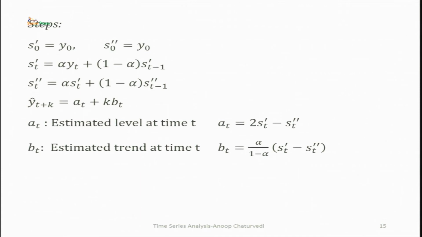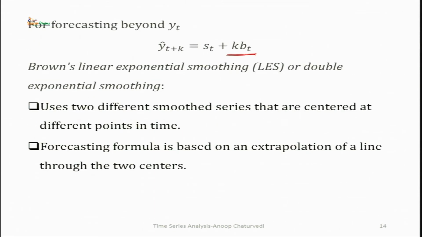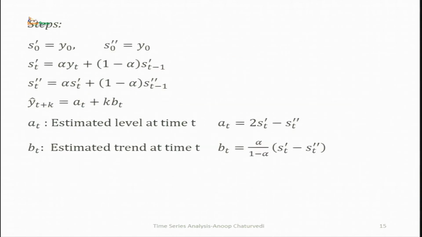Initially, you set S naught dash equal to y naught, S naught double dash equal to y naught. You have two smoothed series, S naught dash and S naught double dash.